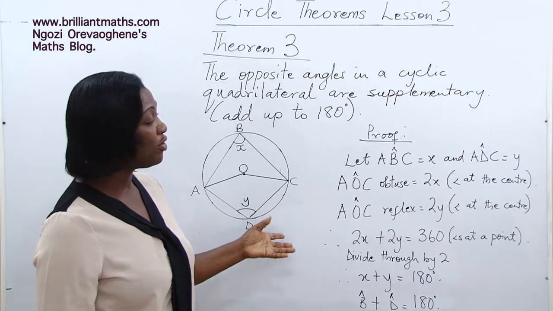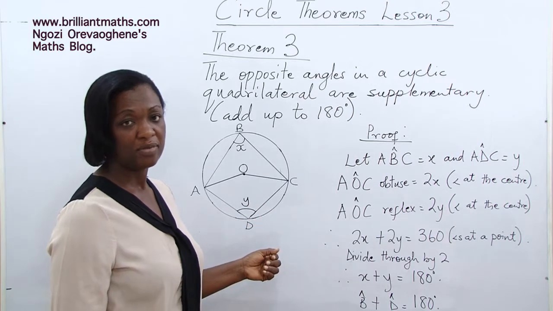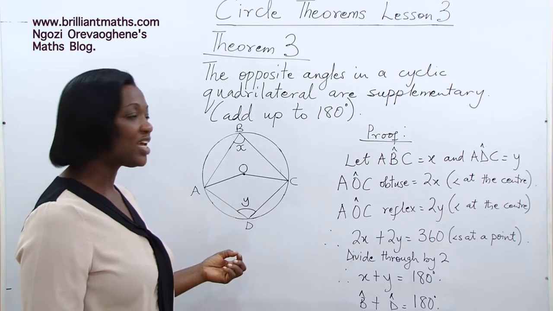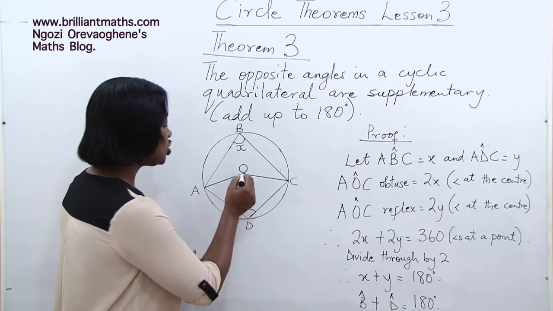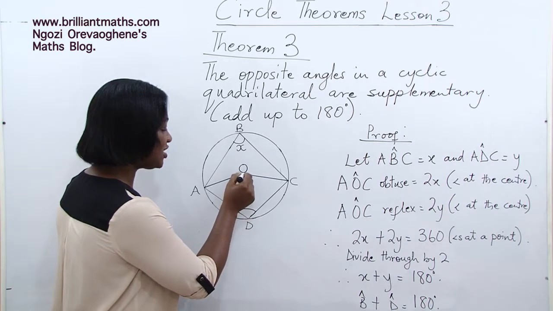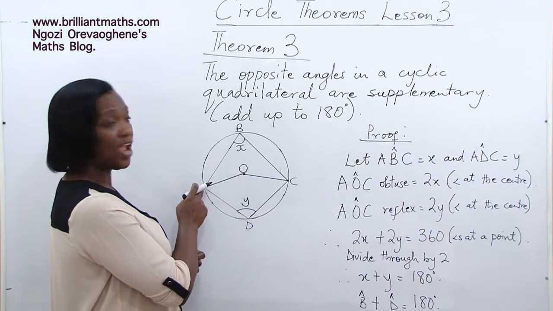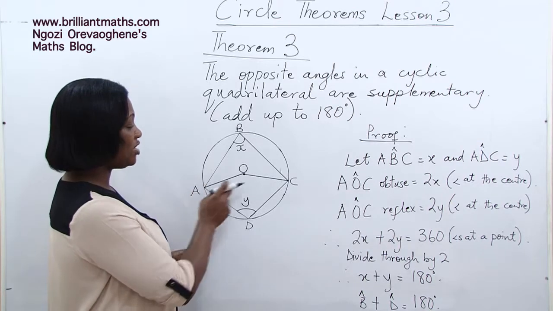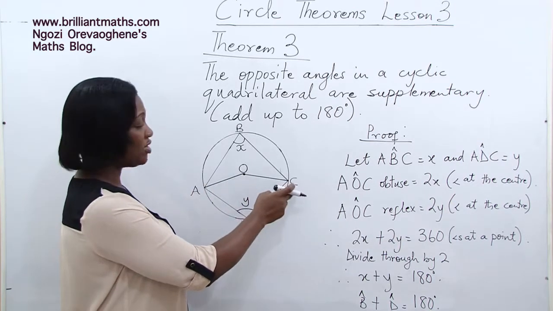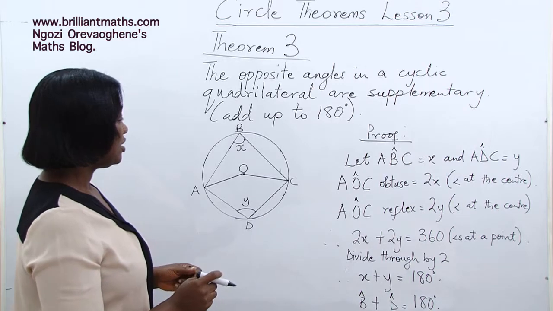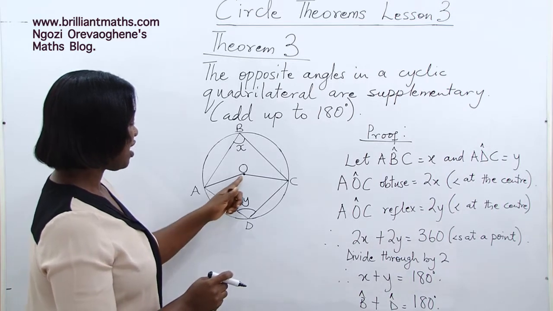To be able to prove this theorem, let's locate the center of the circle and draw a radius from the center to point A and another radius from the center to point C. So that's what we have.